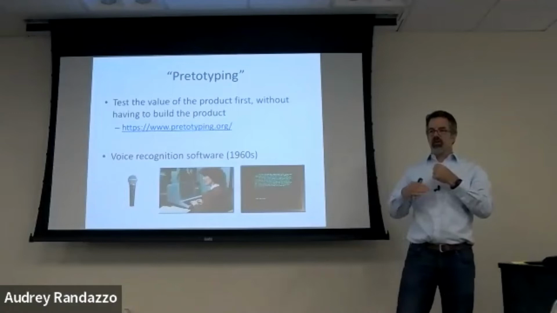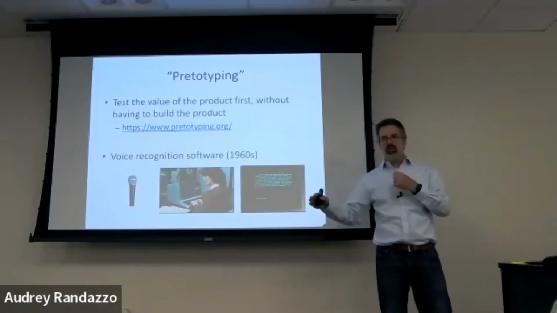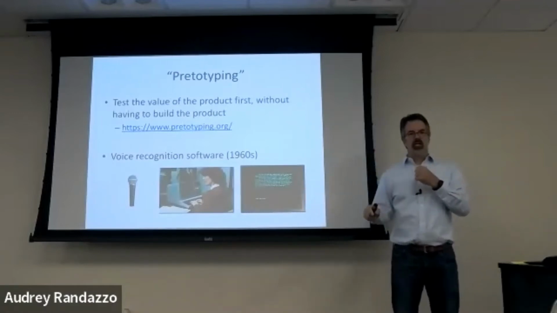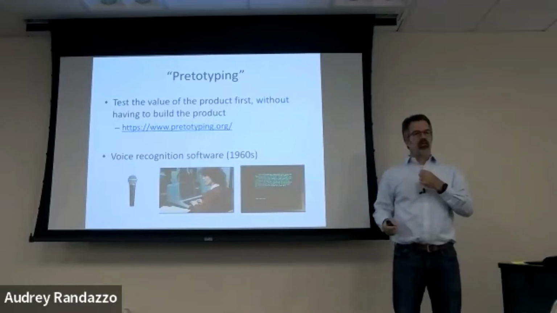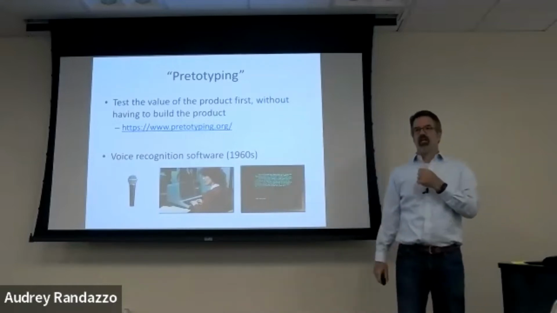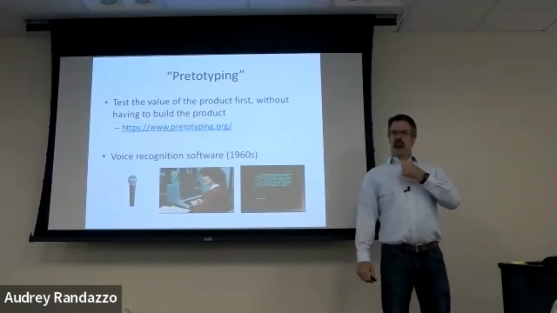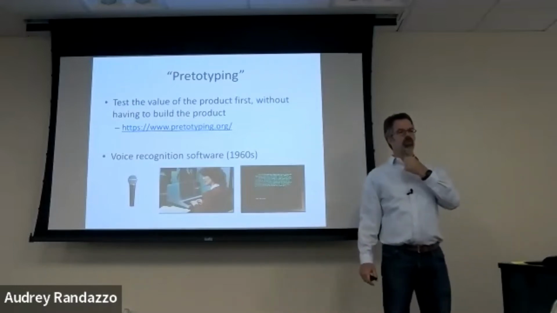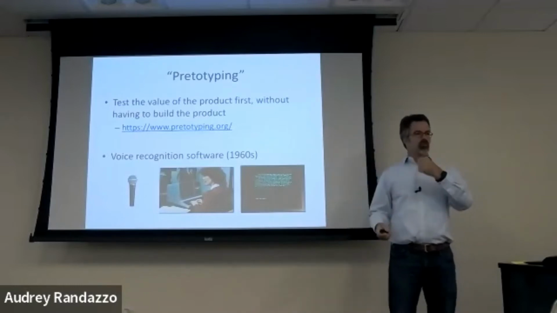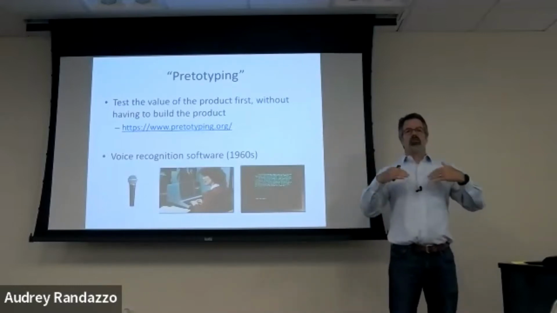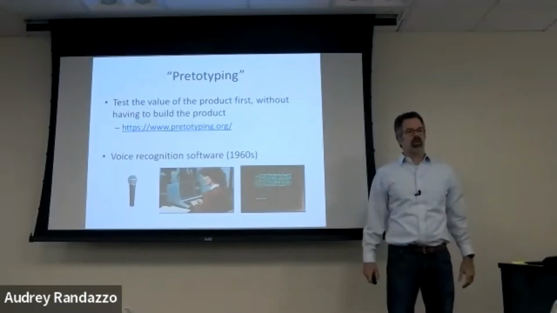So they tested the exact experience without writing a single line of code, without building a single thing. They just bought this stuff, hooked it up, and tested it. They found out that it was kind of weird to talk into the microphone slowly enough, all these things that you have to do to be natural and have it be as good as typing.